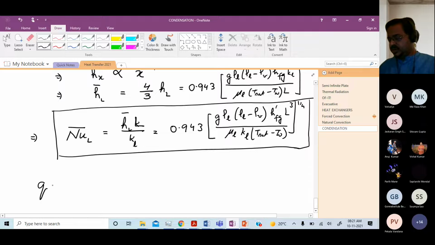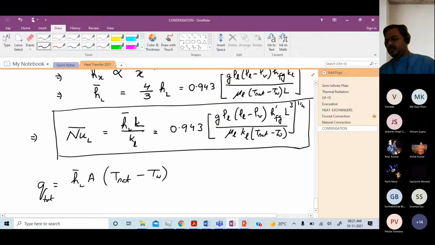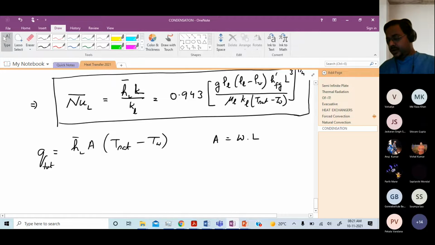Okay, total heat transfer, Q total equals h bar L A times (Tsat minus Tw). And what is A? A is W times L. And total condensation, mass of condensate, you can of course integrate delta dx, etc. But why do all that?